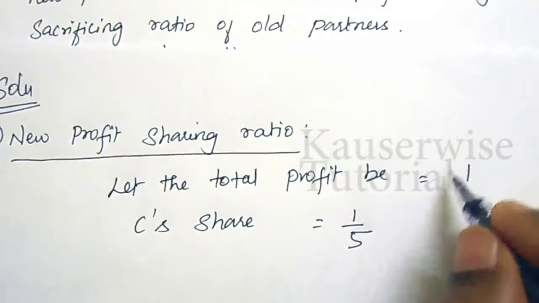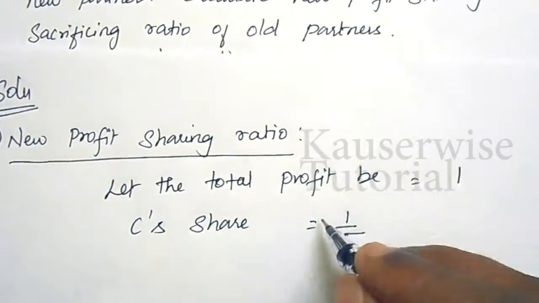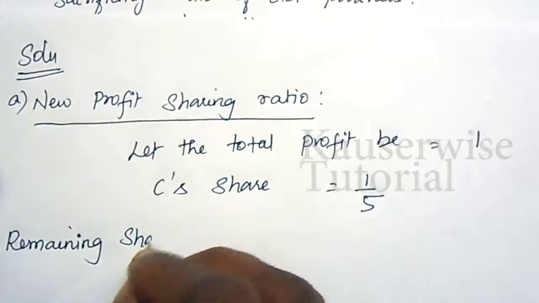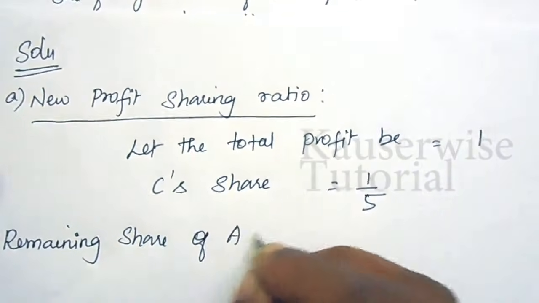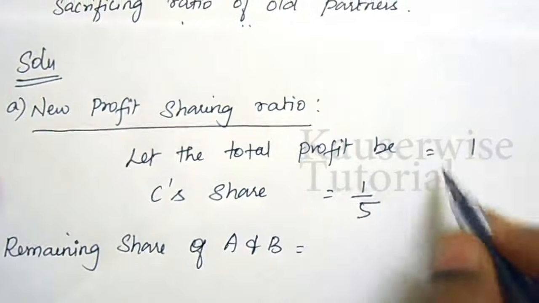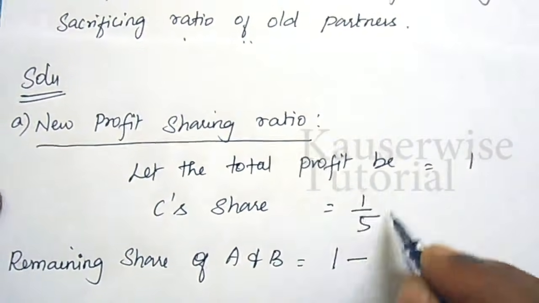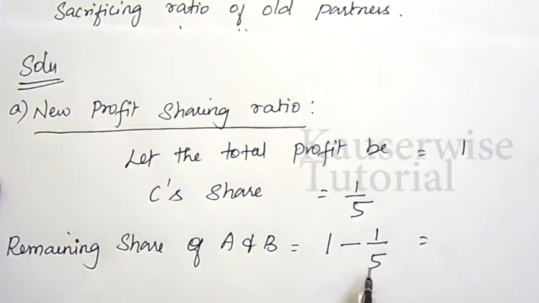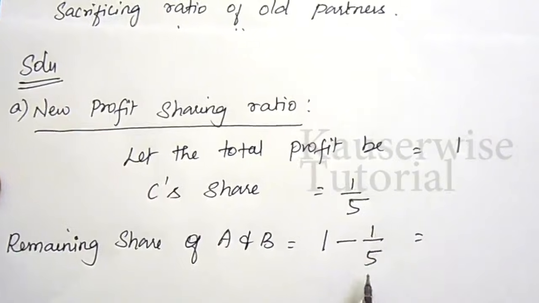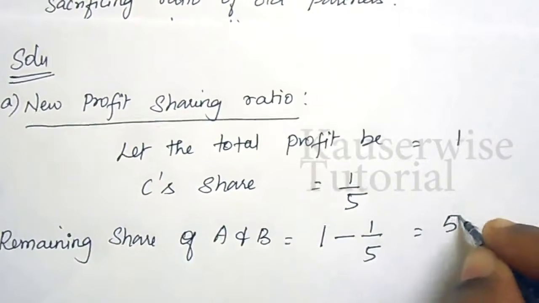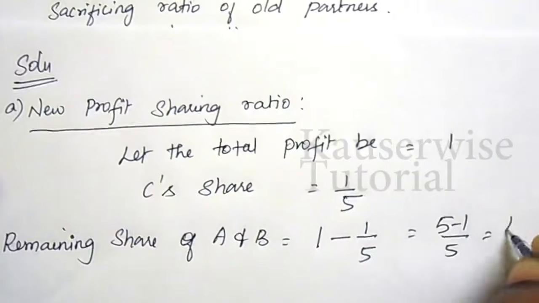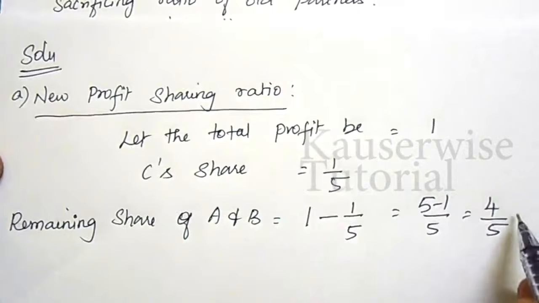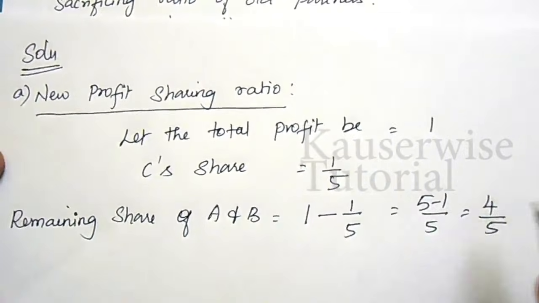From the total 1, just subtract 1/5 and we get the remaining portion for the old partners, the remaining share of A and B. Total profit is 1, minus new partner's share 1/5. So 1 into 5, 5; 5 minus 1, 4. 4/5.